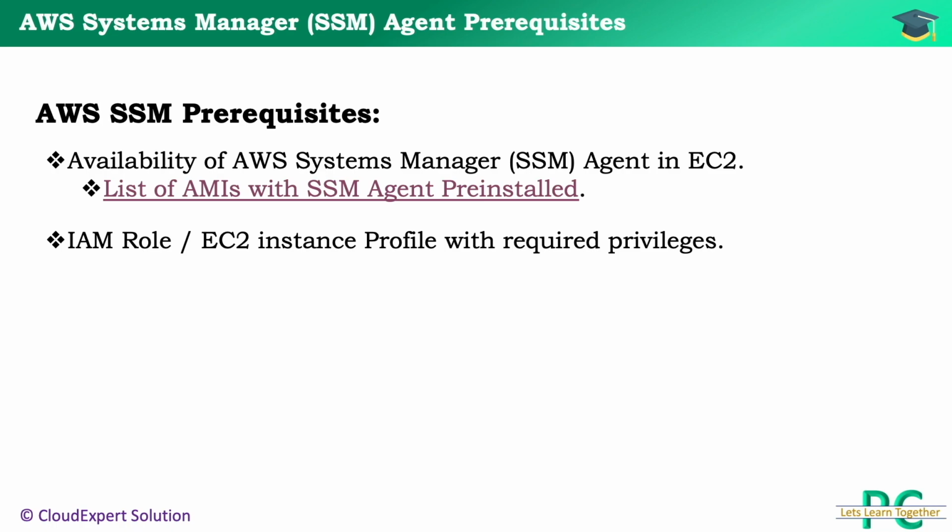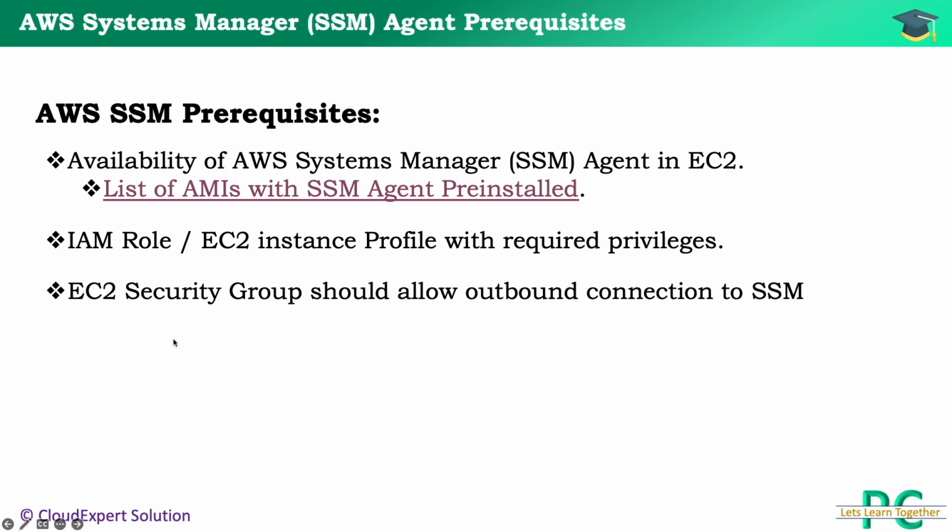That is why, for the Systems Manager agent in your EC2 instance to communicate or send data to the Systems Manager service, it needs permission. We are going to create an IAM role and show you the steps for how you can assign that IAM role to the EC2 instance profile.